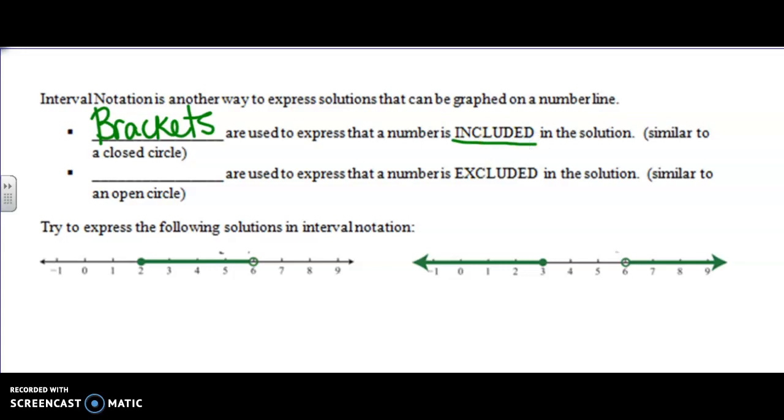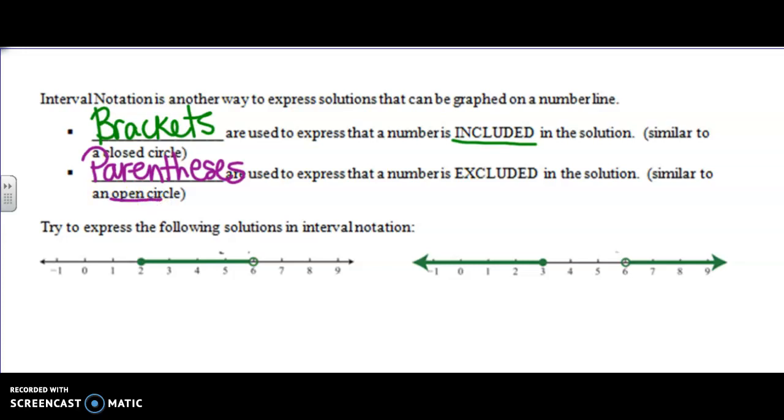What you would normally think of as a closed dot situation, kind of like what you have going on right here, that would be a bracket situation. As opposed to if they are parentheses. Parentheses are the graphical equivalent to an open dot. Okay, so similar to an open circle.